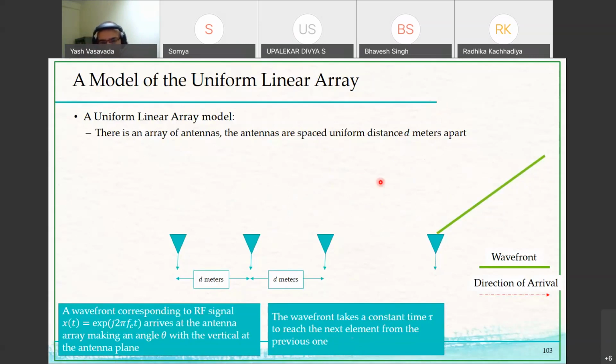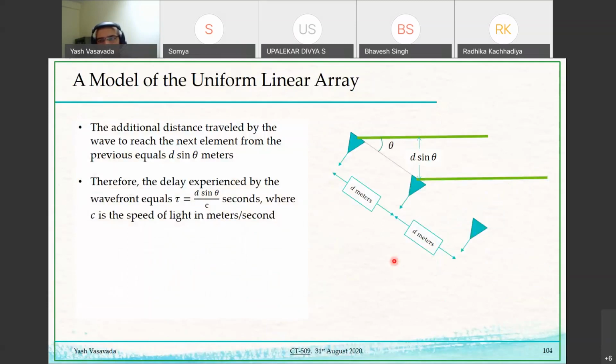So you see that this wavefront is taking some time to go from one element to the other. How much time does it take? Let us see. The way to figure out the time is to do some simple trigonometry.